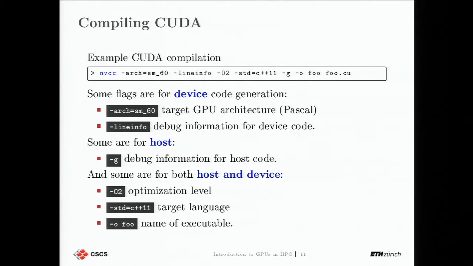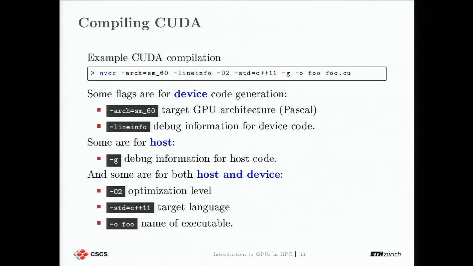If you wanted to generate for Kepler, the previous generation, it would be sm_35. If you've compiled for a processor before, you might have done something like -march=avx. Well, this is the equivalent for the GPU. -lineinfo is equivalent to -g. It inserts extra information about line numbers into the generated code so that when you use a debugger, you can get that information out.